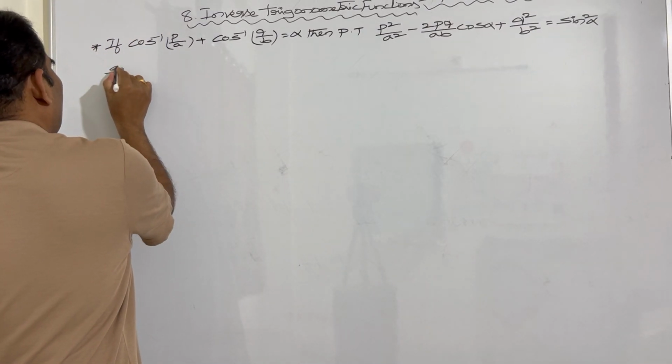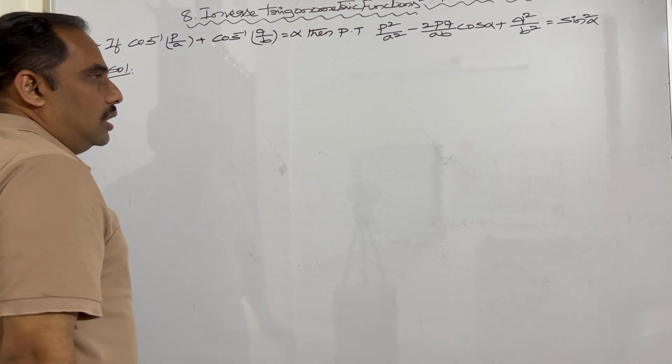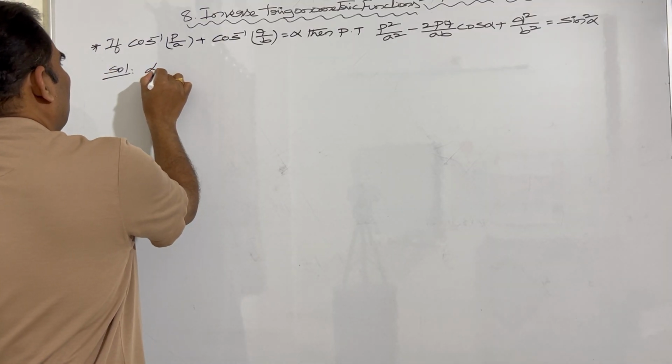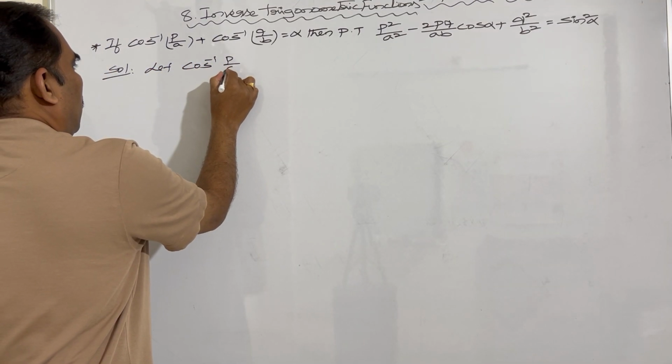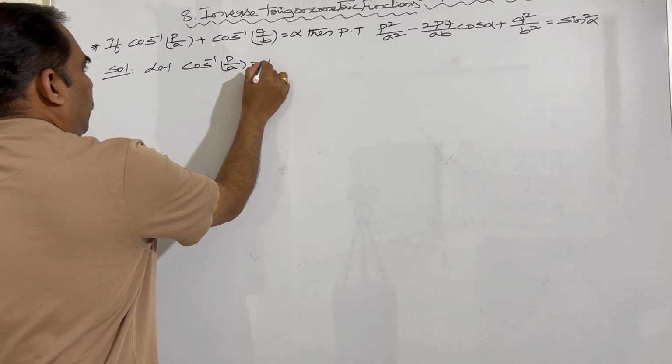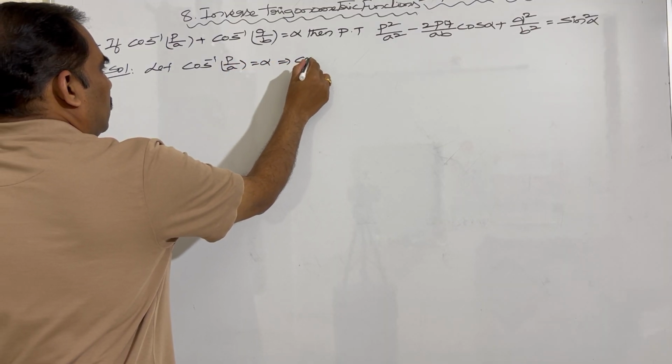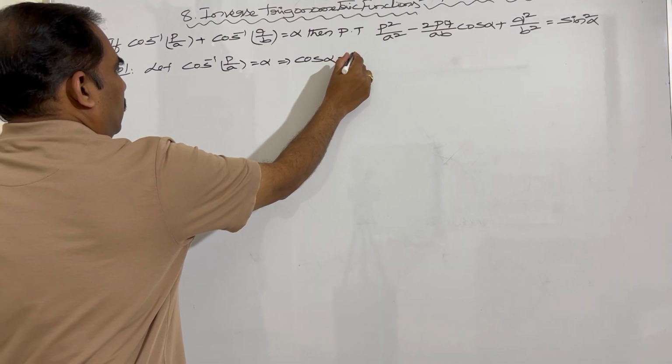Let cos inverse of p by a is equal to alpha. From this, cos alpha is equal to p by a.